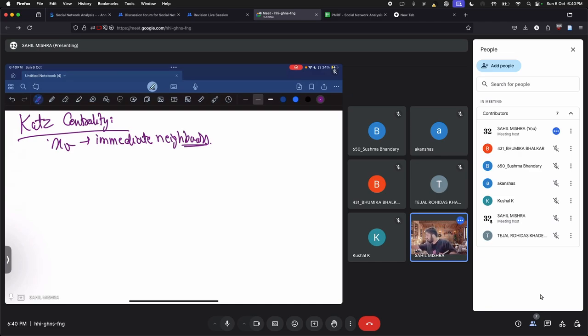Consider you have just 3 immediate neighbors, but that doesn't mean you don't have that much influence, because those 3 immediate neighbors can be influenced by a lot of previous neighbors. So Katz centrality takes other neighbors into consideration as well. I'll write the equation first and then I'll explain.